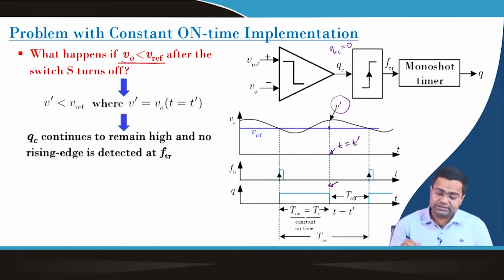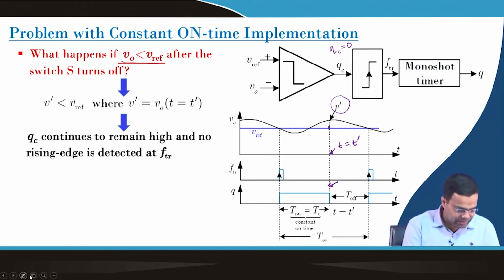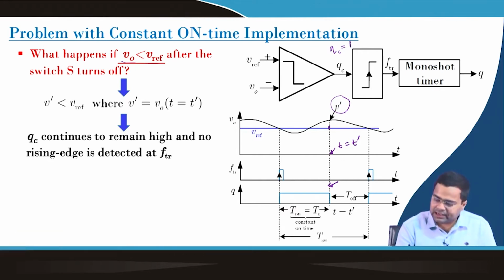Sorry, QC should be high, because here the output voltage is lower than the reference voltage, so the output is high.